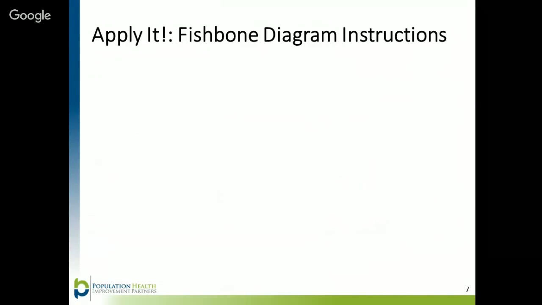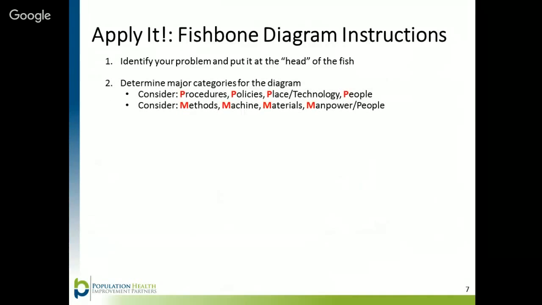Let's quickly review the steps for using the fishbone diagram. The first step is to identify your problem and put it at the head of the fish. The second step is to determine the major categories you want to use for the diagram, either the 4 P's, procedures, policies, place or technology, and people, or the 4 M's, methods, machine, materials, manpower, or people.